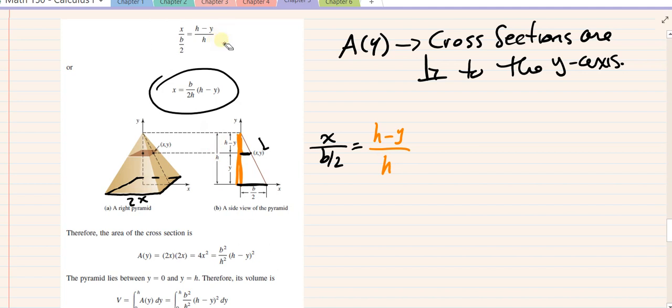That's how he gets this ratio, and from this you get x as a function of y. You multiply both sides by b over 2, and that will do it.